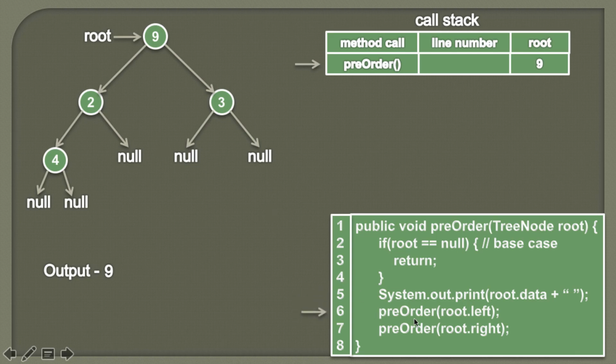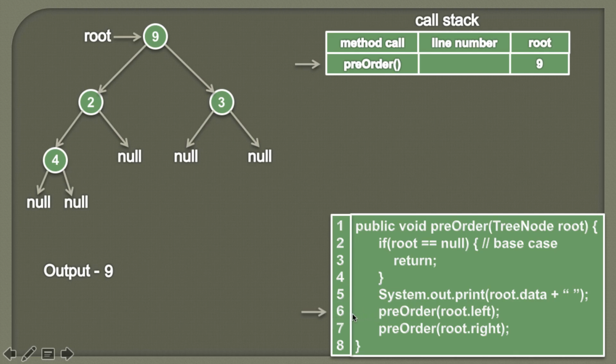So now we are calling the pre-order method to traverse the left subtree for this root. So the value we are passing to this pre-order is root left. So currently you see root left is pointing to the node having data as 2. And as we are maintaining this call stack, when we call this pre-order method, we'll keep track of the line number, so that once we return, we know from which line we need to continue executing the method.